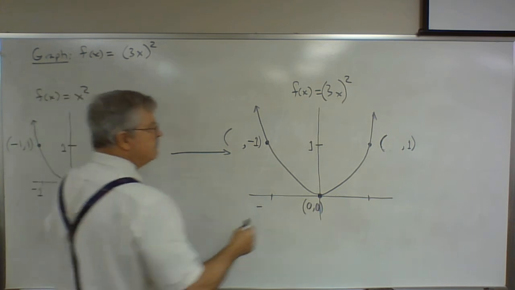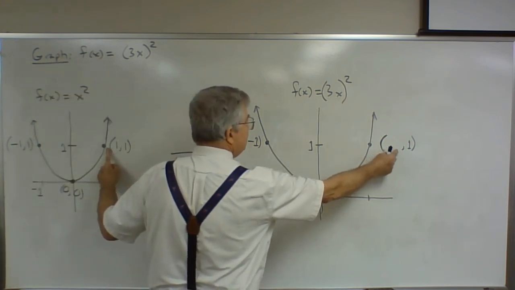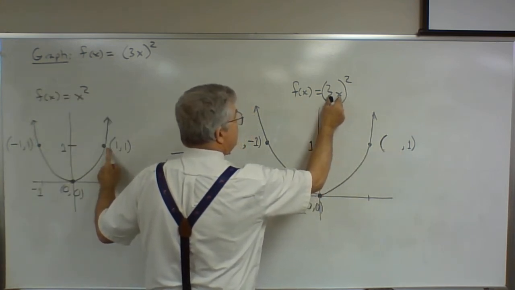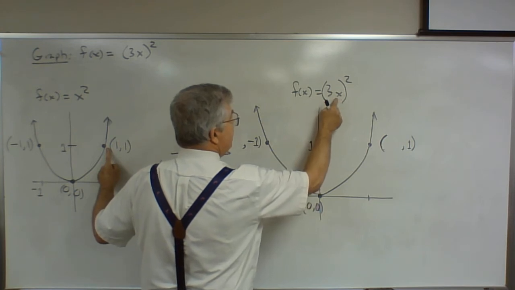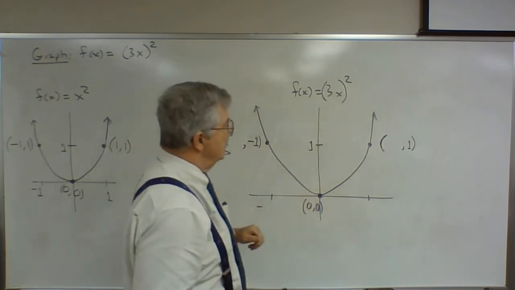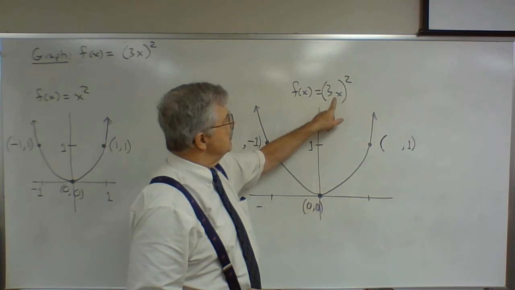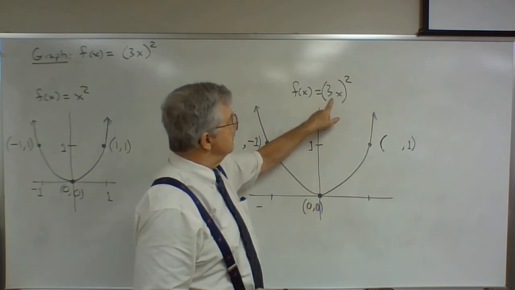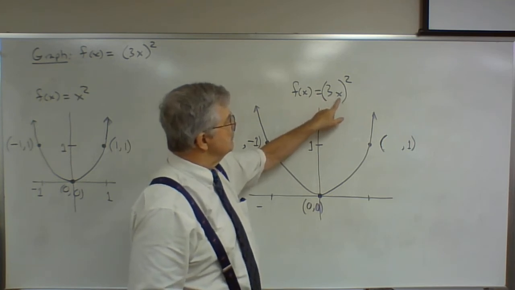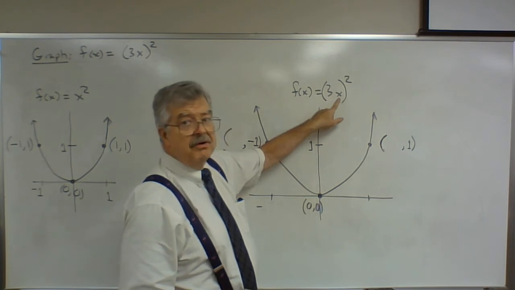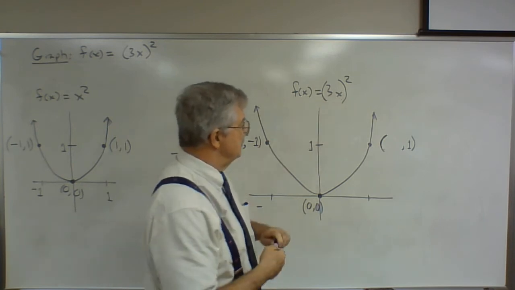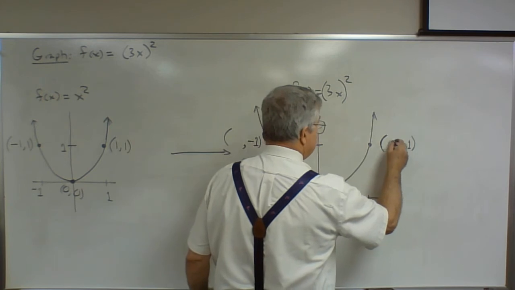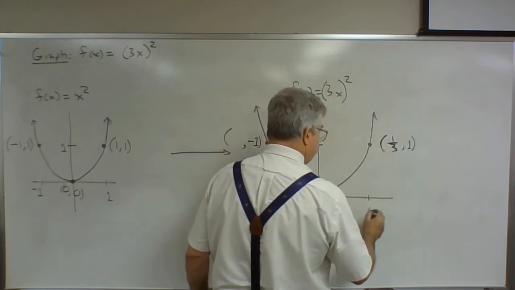So for this point, we want what appears in the graph here to be +1. What would x have to be in order for the inside here to be equal to 1? 1/3, right? 3 times 1/3 gives us 1. So the x-coordinate is 1/3.